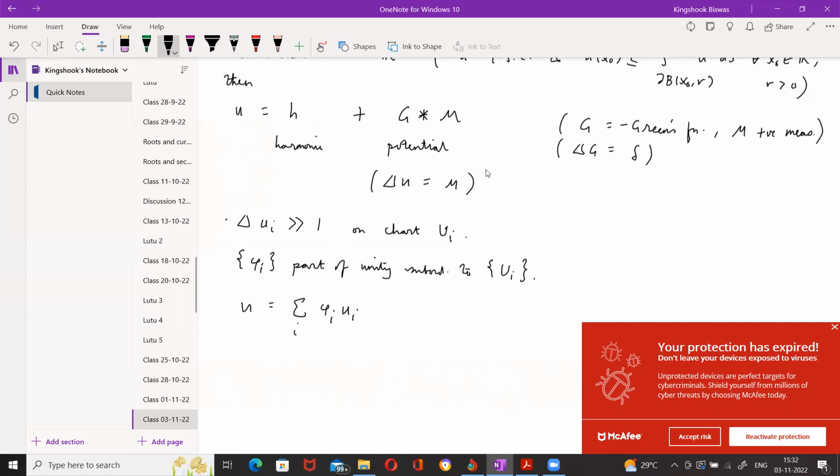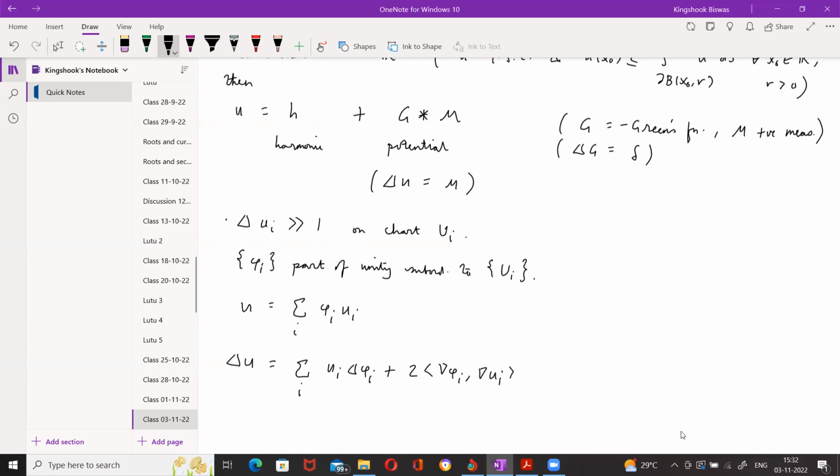The problem is when you take the Laplacian of u. For the Laplacian of phi_i, you don't have any control, right? So you'll get u_i Laplacian phi_i, this is the problem term, plus twice the inner product of grad phi_i and grad u_i, plus Laplacian u_i times phi_i.